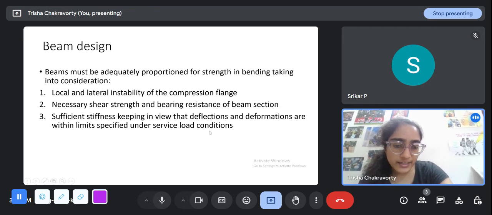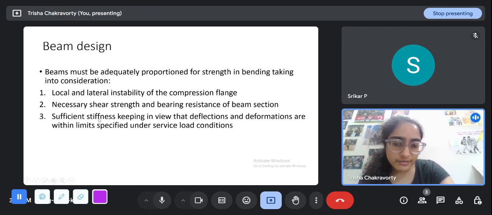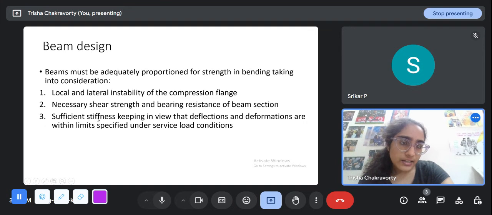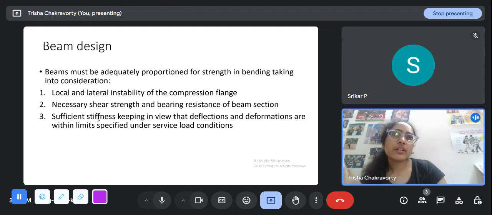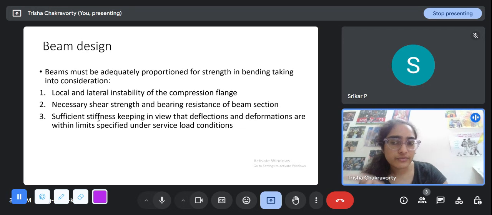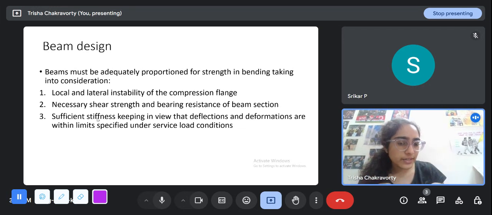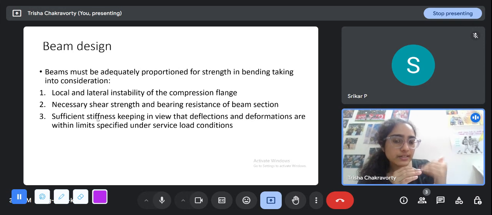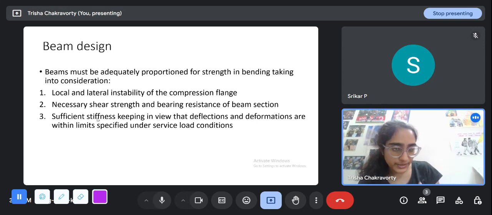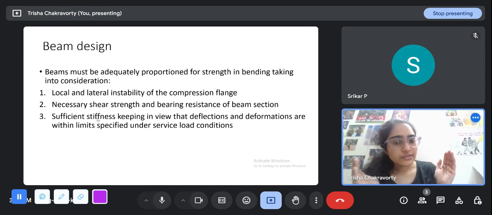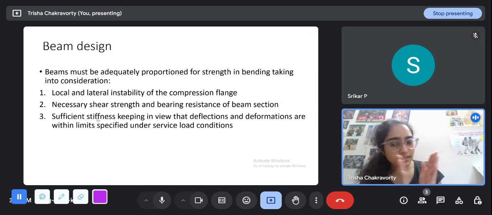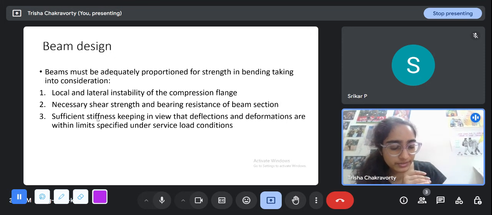This is the serviceability criteria, and the stiffness here is relevant because the basic governing equation of any structure is that the force vector is equal to the stiffness matrix into the displacement vector. So the larger the stiffness is, the less the deformation would be. So there should be sufficient stiffness so that the deflections or deformations are small enough to fall within the limits.